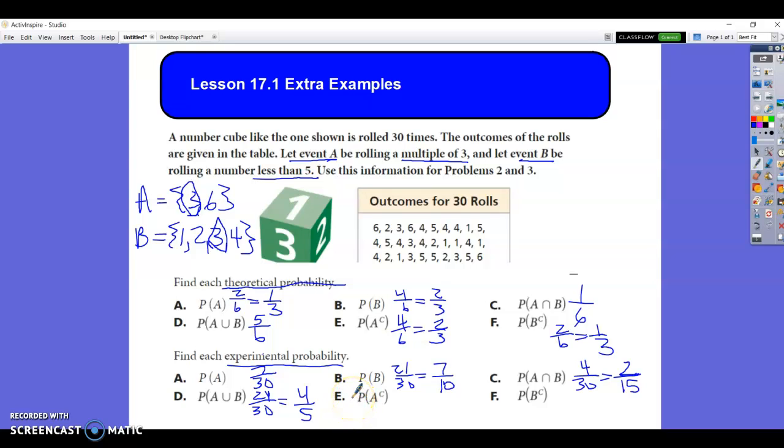All right, now this one says the probability of A complement. All right, so A complement. So everything that's in B. So 1, 2, 3, 4 would be the numbers that we are looking for. So let's highlight those again.